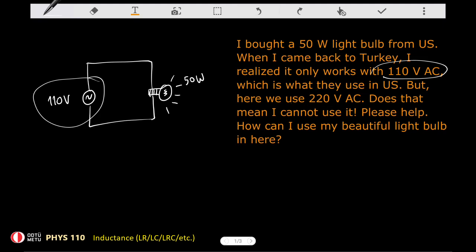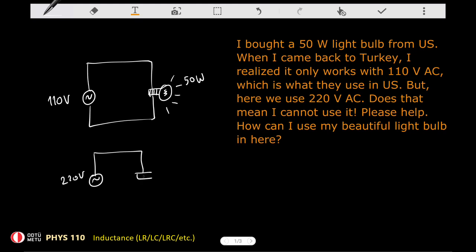So you have to do something else. Let's try to understand what happens if you plug it into 220 volts AC directly. What happens to your light bulb? Just keep in mind that what you're doing here is basically doubling the potential drop on the light bulb.